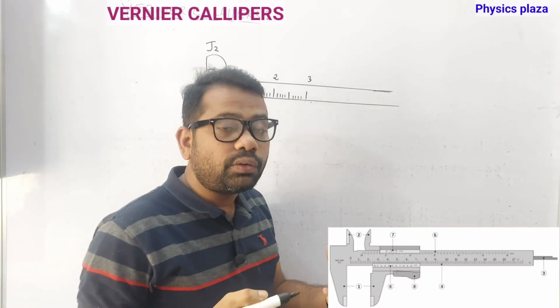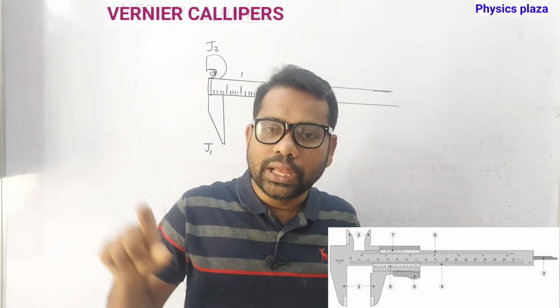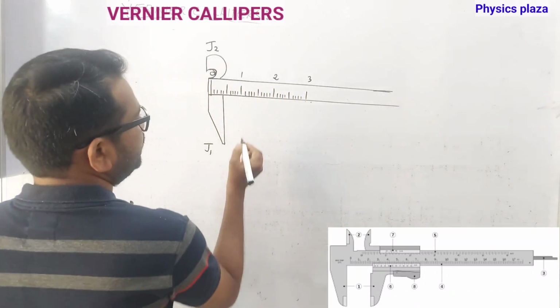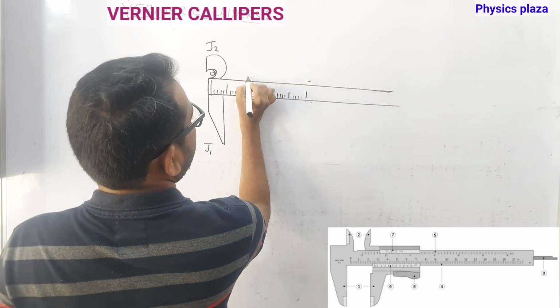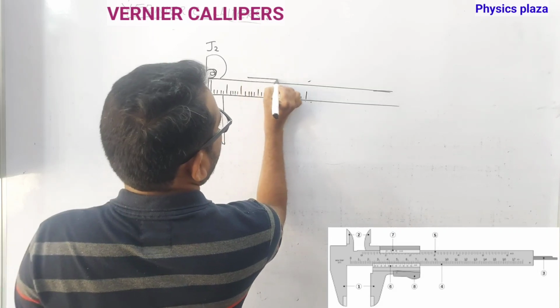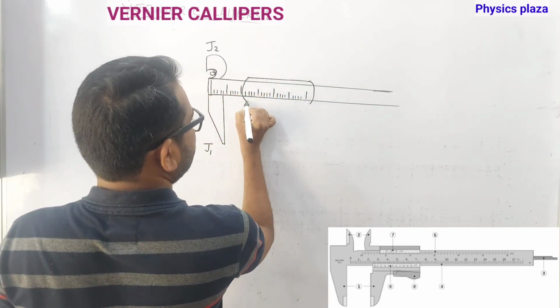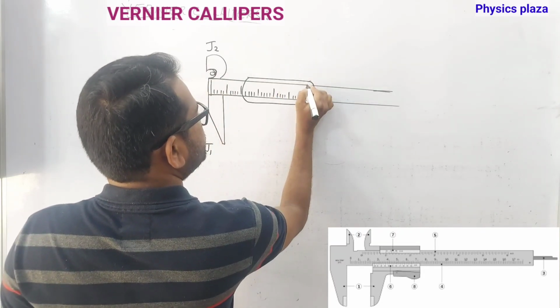And here, what about the vernier scale? Children, the vernier scale is designed in such a way that it can be slid over the main scale. Okay, so it will be like this. Let me erase this number so it is easy for us. First let me draw it so that we can change it afterwards.